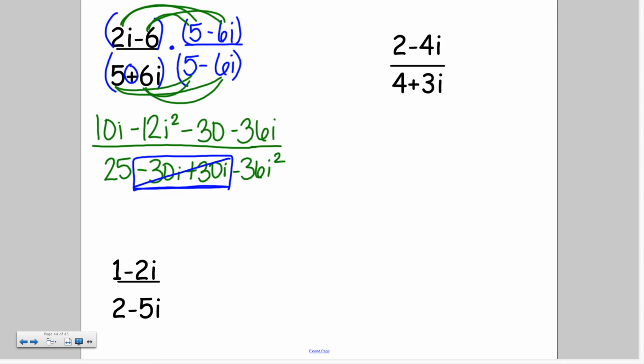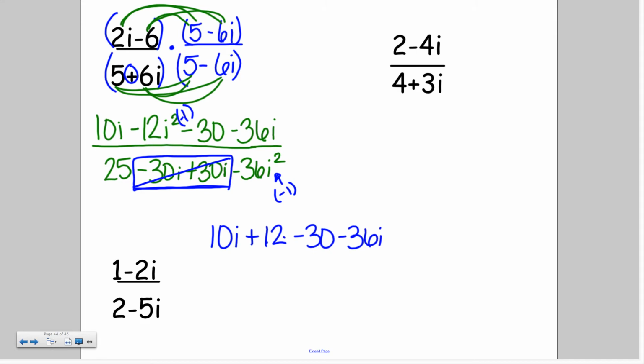That is fine. But I need to go ahead and get rid of those i squareds. We know that i squared is a negative 1. Okay? So we're going to end up with 10i, and then negative 12 times negative 1 is a positive 12, minus 30, and then minus 36i.